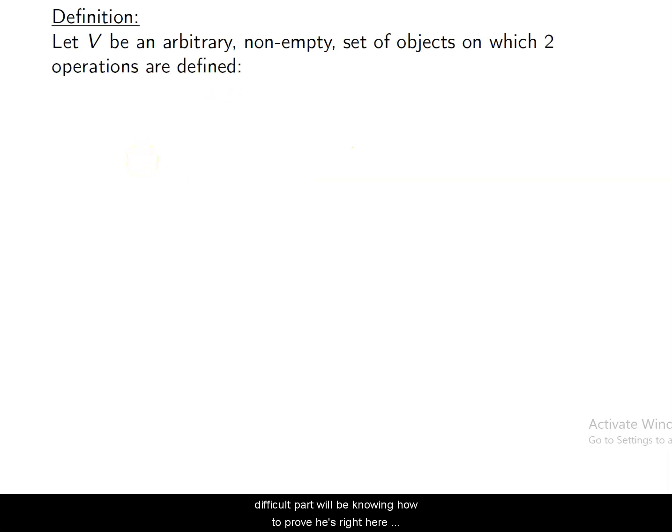So here is our definition of a vector space. Let V be an arbitrary, non-empty set of objects on which 2 operations are defined. Let's dissect this piece by piece. By arbitrary, it just means that it is a collection of things, which means that it's non-empty. Now it doesn't really matter what these objects are. So far we've been calling them vectors because we're used to talking about vectors.